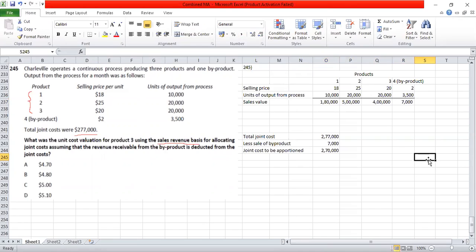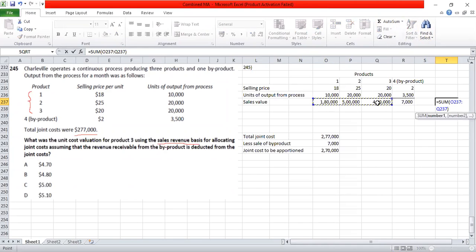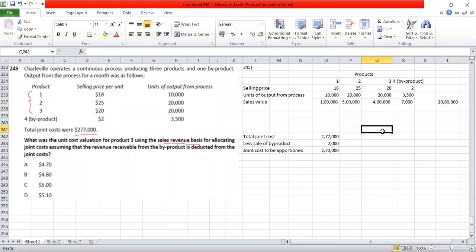So that is the ratio. So 18 is to 50 is to 40. In this ratio, it would be allocated. The total is 108,000.